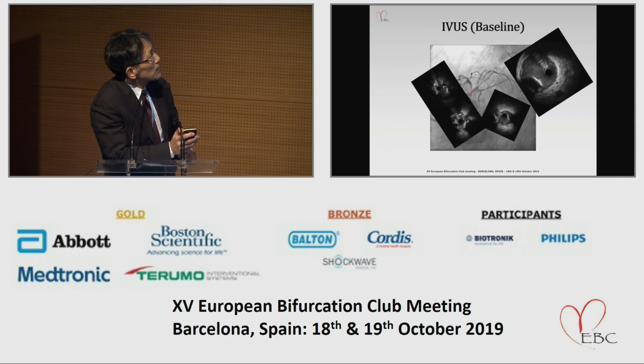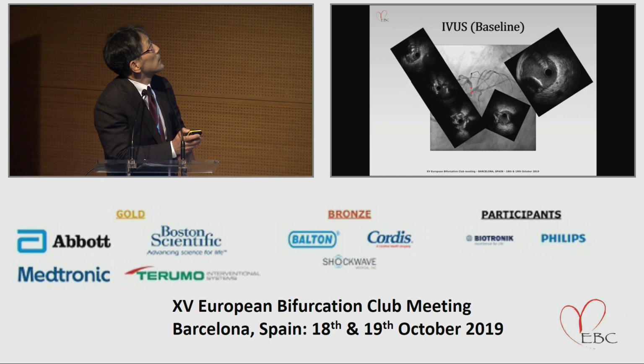Fortunately, we can keep some diameter there, but we could see a calcium layer at the opposite side of the carina. And then this is the proximal LAD. As you can see, the proximal LAD also has a calcium layer and some fibrous plaque.